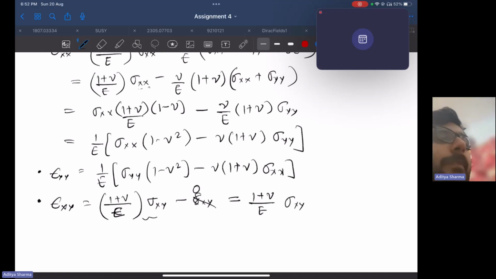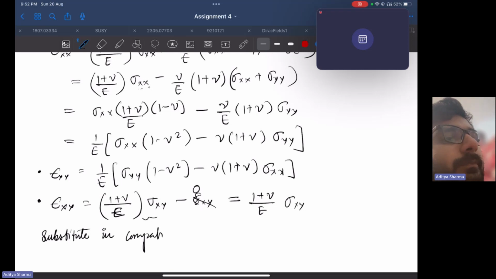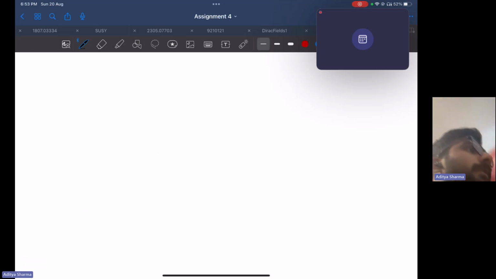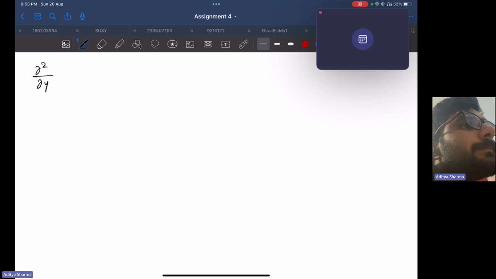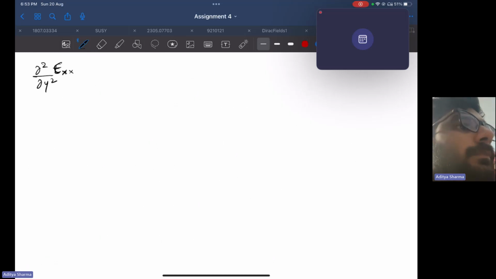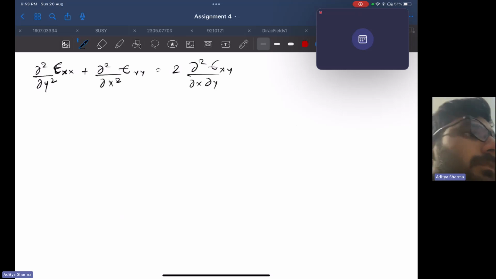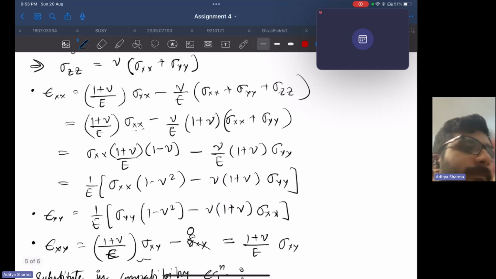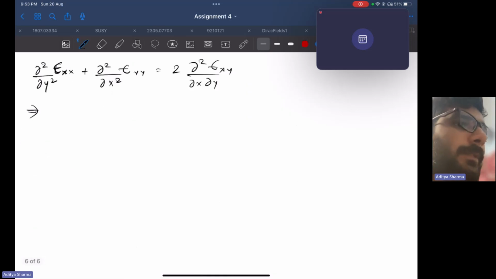Now we are going to substitute this, and we get this equation.